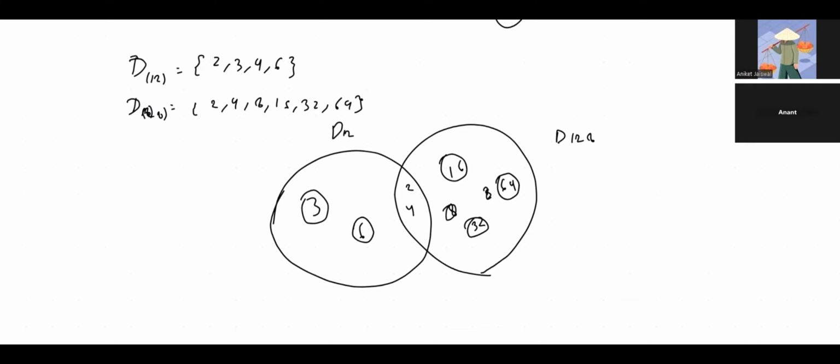And of course the common ones are in the intersection part of the sets. So from your definition, 4 must be the GCD of these two numbers, right? Yeah, because we have 2 and 4 as common divisors, so we have to take the greatest among them. Of course 4 has to be the greatest.